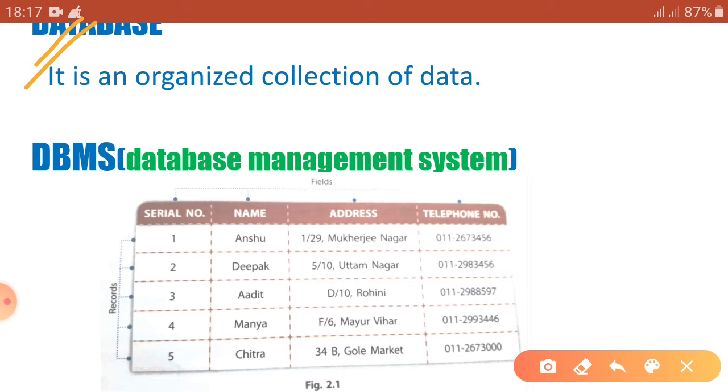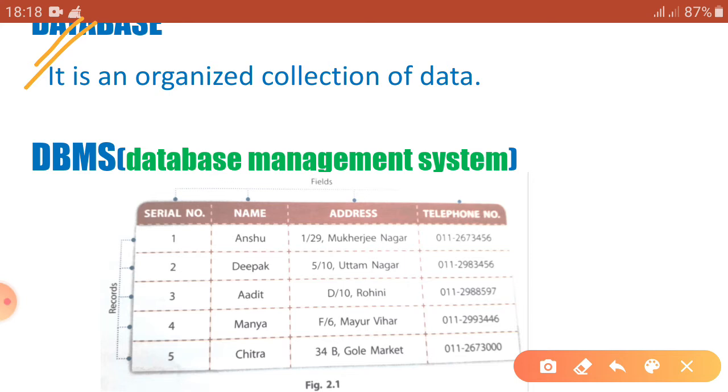To access and analyze data or information from a database, we need a database management system. So DBMS here is an application software that is used to store, organize and retrieve data from a database. So basically DBMS, or this management system, acts as an interface between the database and us.